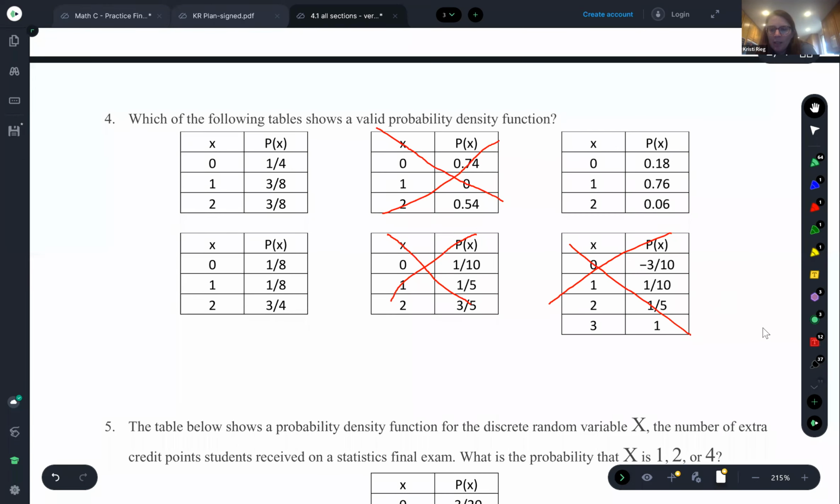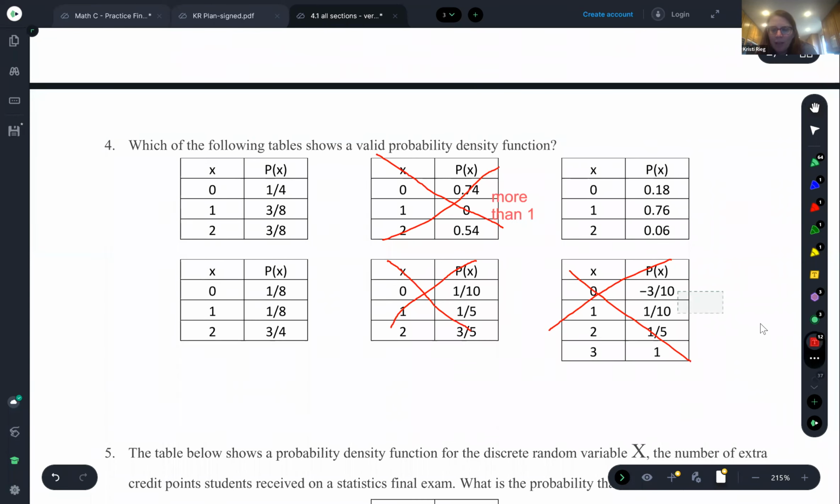This guy over here on the bottom right has a negative. So that's no good. And then the middle bottom row, that one turned out to be less than 1. When you add them all up, it was less than 1. So it has to equal 1 when you add them all up, and no negatives, nothing greater than 1.